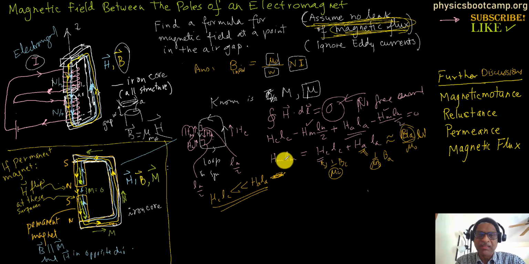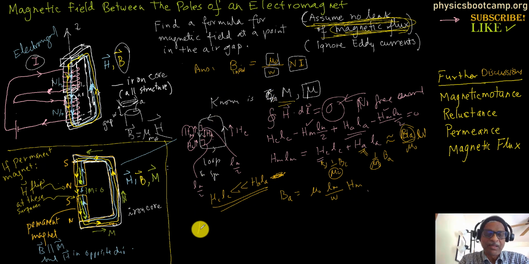So now I'm solving for B_A in terms of H_M. So B_A is mu naught L_M over W times H_M. H_M, what is H? M is known. So H is M over chi_m. Mu equals 1 plus chi_m times mu 0, so you have a mu 0 down here.